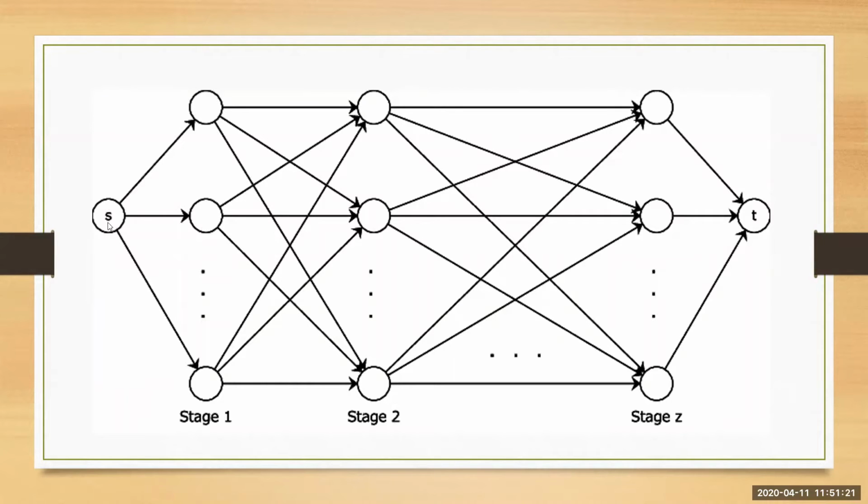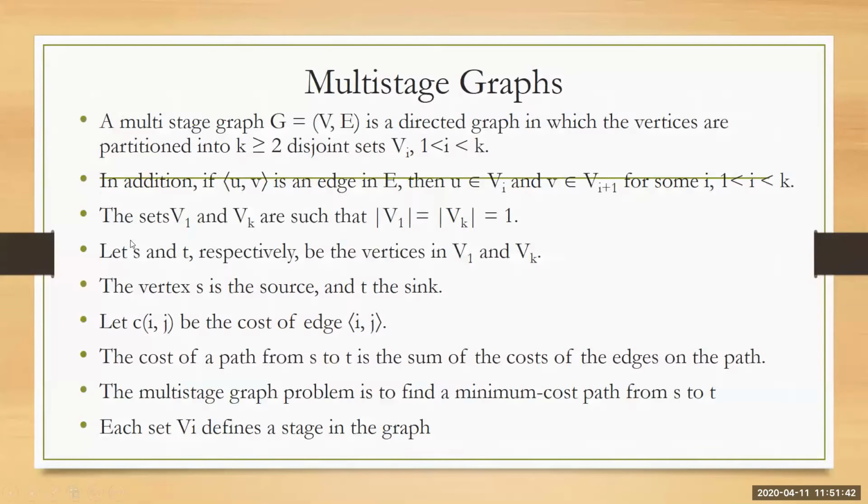One is called the source, S, and the last one is the destination, T. The source is at the first stage, and the destination is at the kth stage.